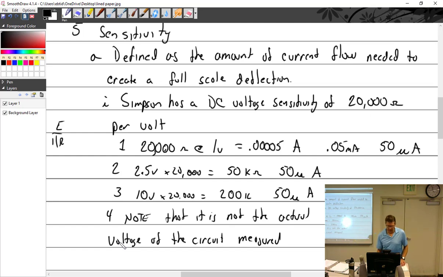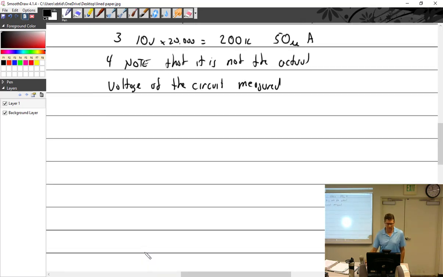It's not the actual voltage, but what are we actually, we're trying to measure voltage, but what is it really measuring across or using to do that? Correct. Yeah, I'll just leave that there.